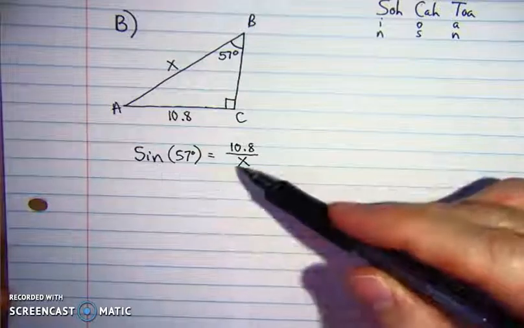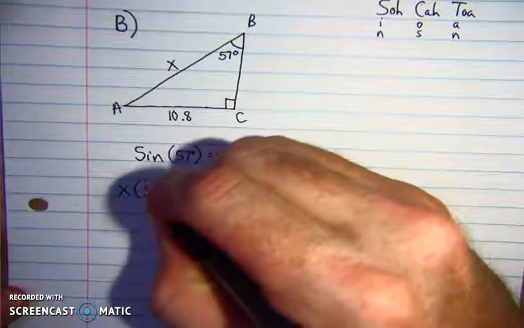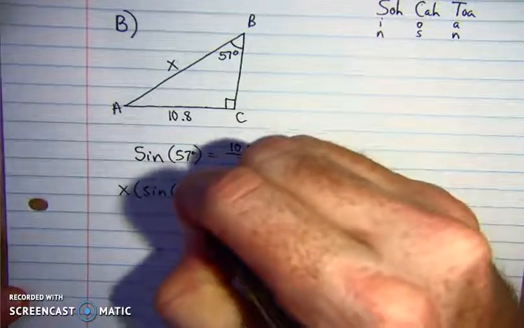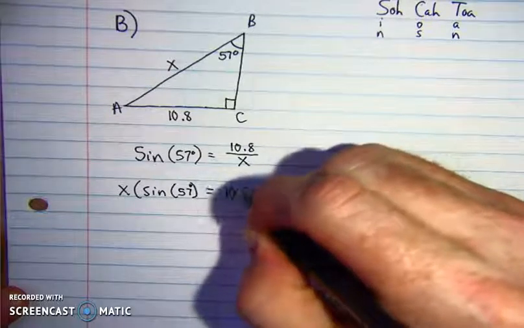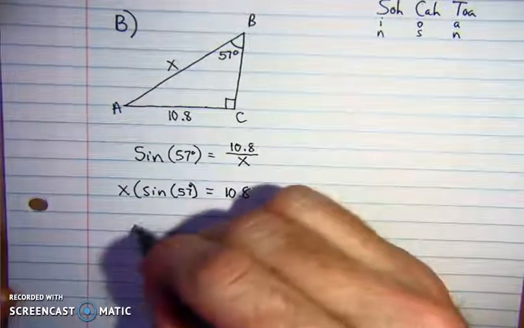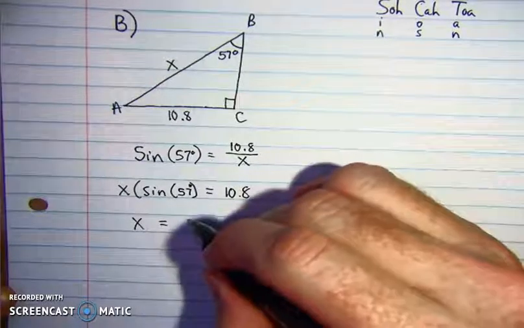And then we're going to solve for x like we did before. We'll have x times sine 57 degrees equals 10.8. And then now we'll divide by sine 57 on both sides.